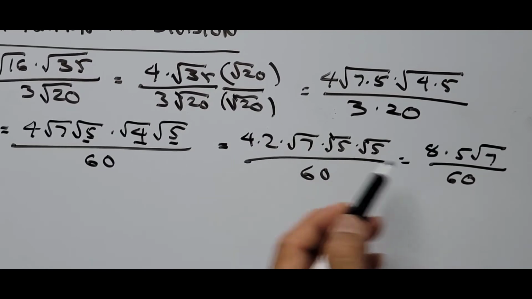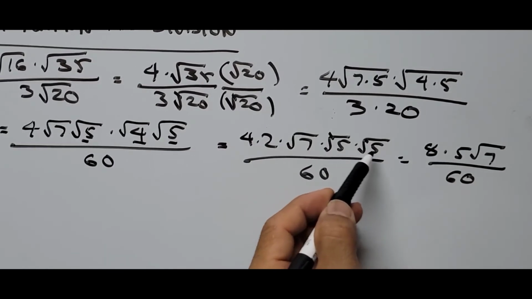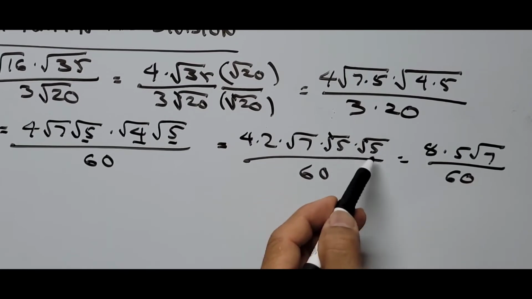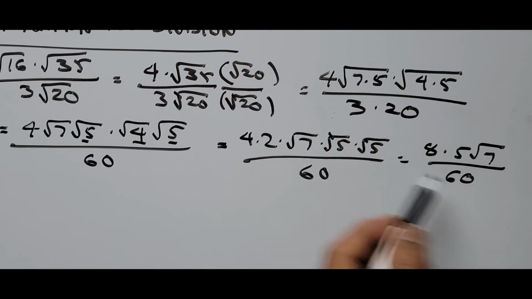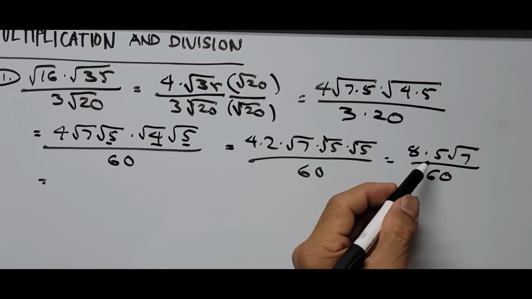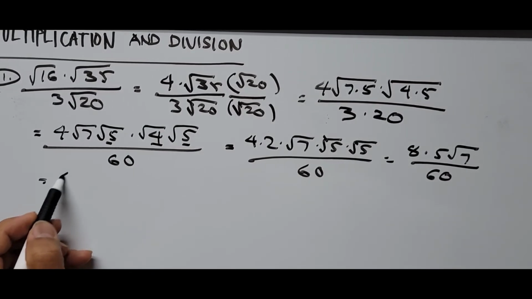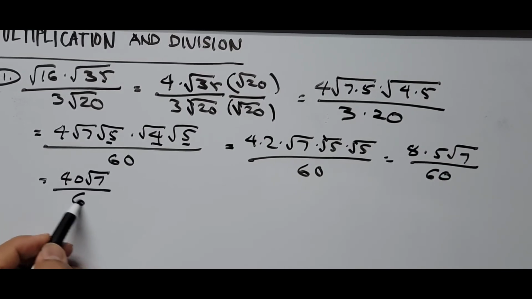So 4 times 2 is 8, and then square root of 5 times square root of 5, that cancels the radical, so it becomes 5. So 8 times 5, square root of 7, divided by 60. So that will become 8 times 5 is 40, square root of 7, divided by 60.